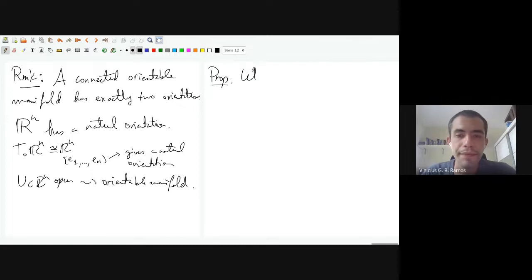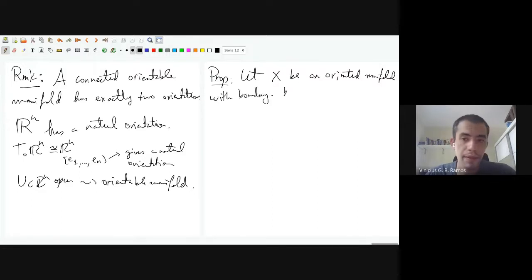Let X be an oriented manifold with boundary. Then the boundary of X has a natural orientation.